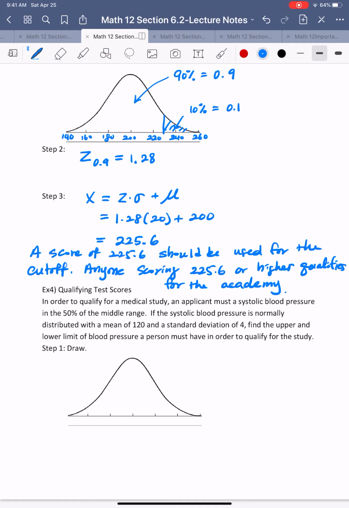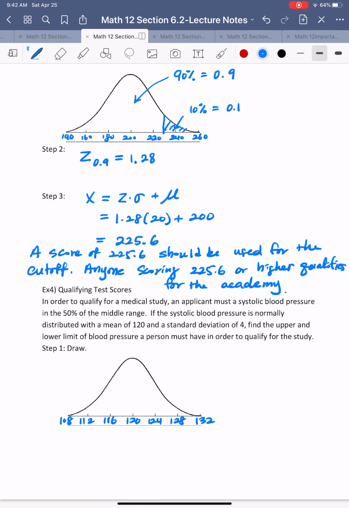Find the upper and lower limits of blood pressure a person must have in order to qualify for the study. So the mean value was 120, and the standard deviation is 4, so 124, 128, 132, and 116, 112, 108.